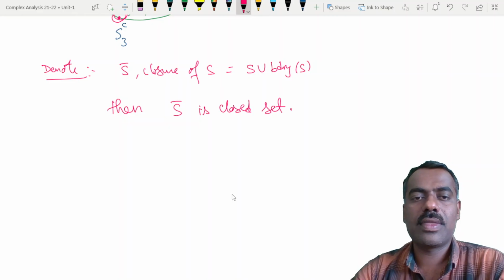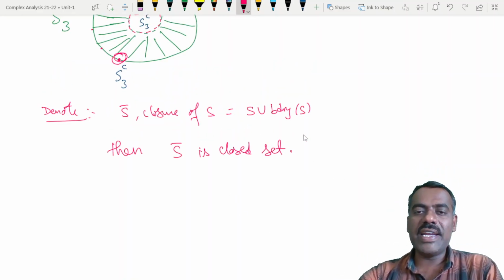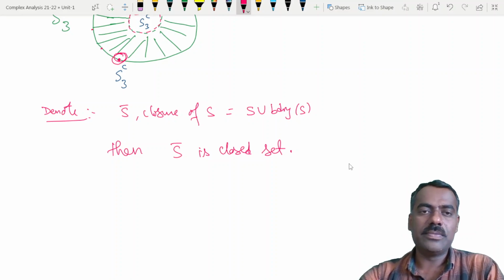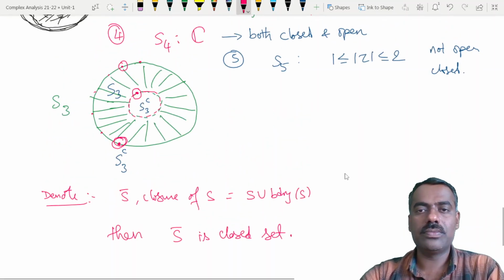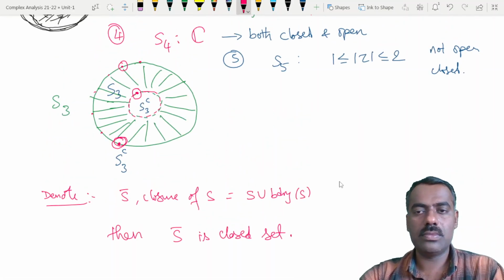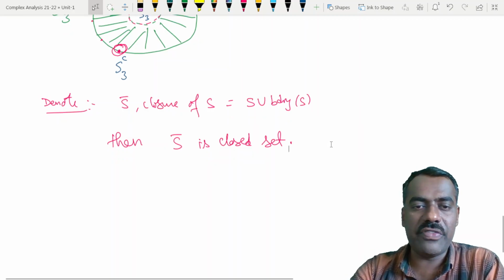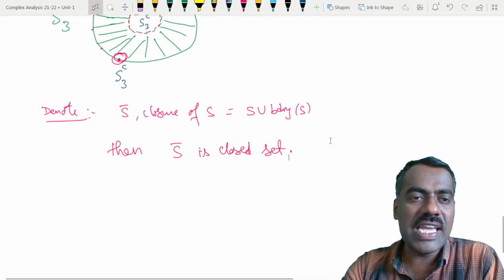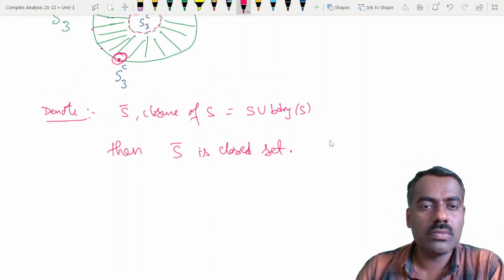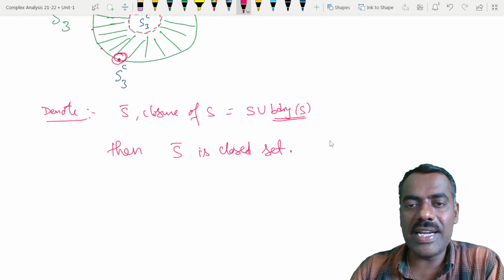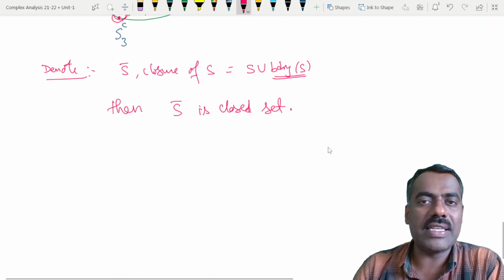Why is this a closed set? It already contains all its boundary points. So S bar, which is S union boundary of S, is clearly a closed set.